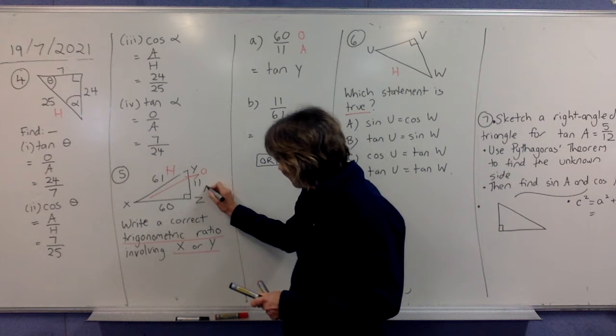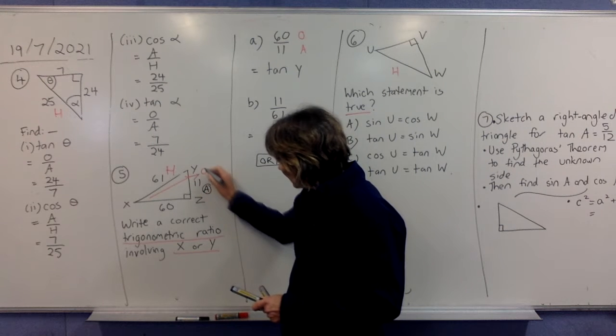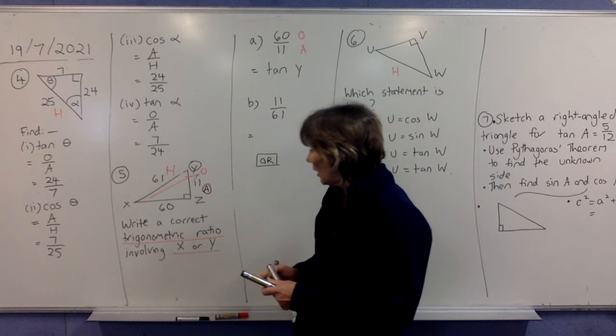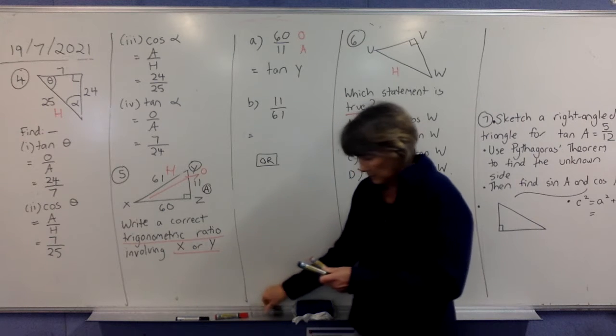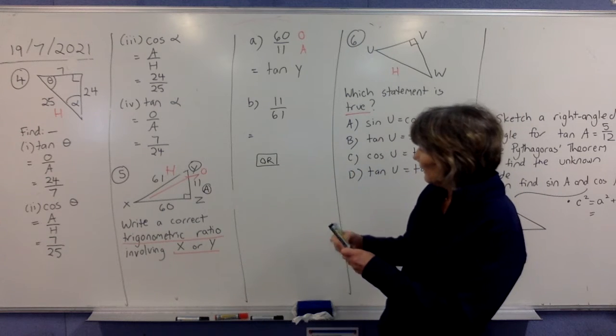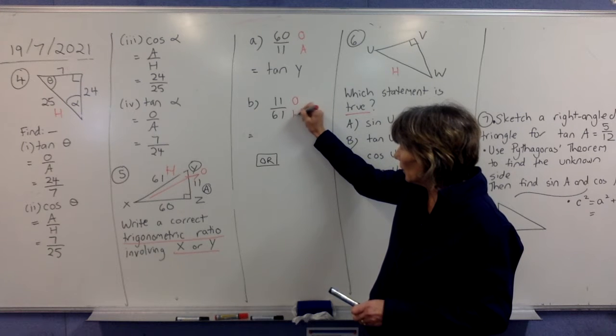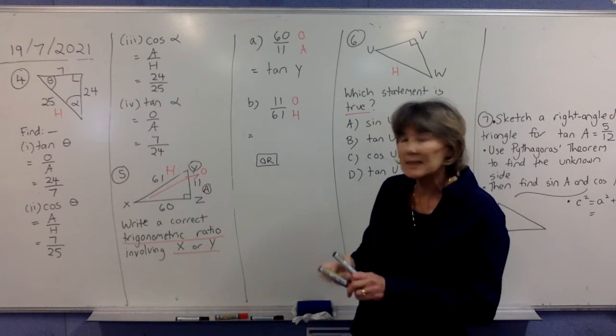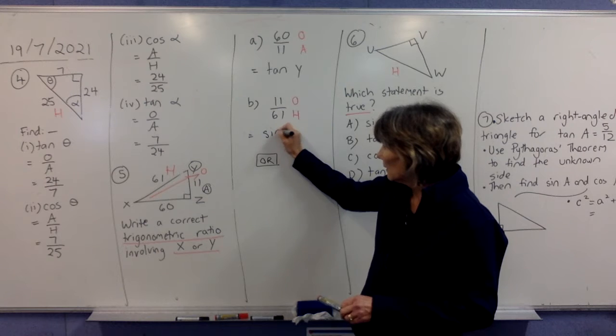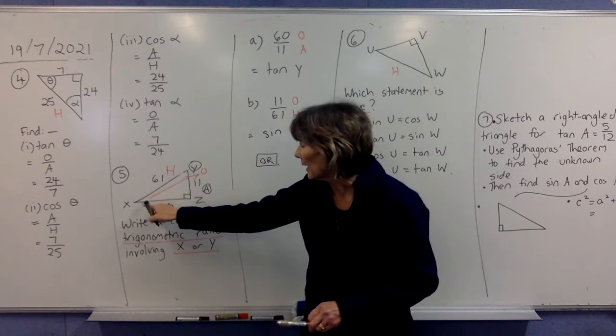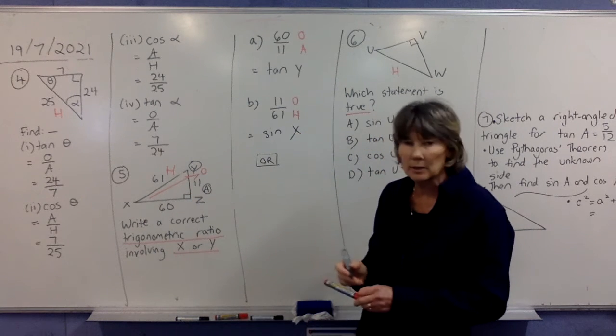So it might be the adjacent side looking at angle y. So if we look at this as being 11 being the opposite side over the hypotenuse, then it would be sine. And that opposite side was opposite angle x, so it would be sine x.